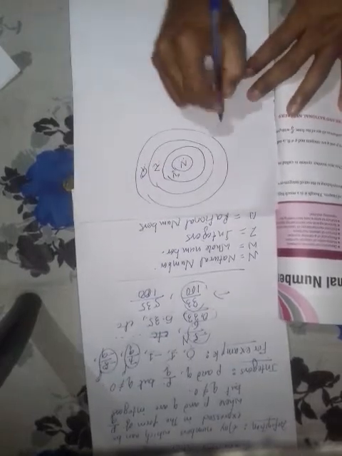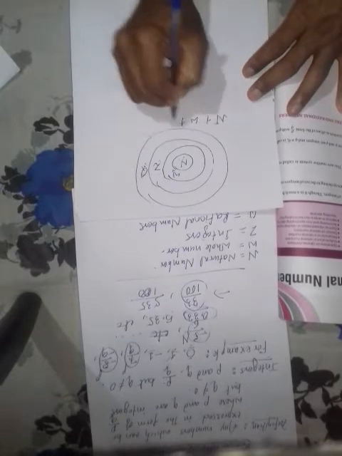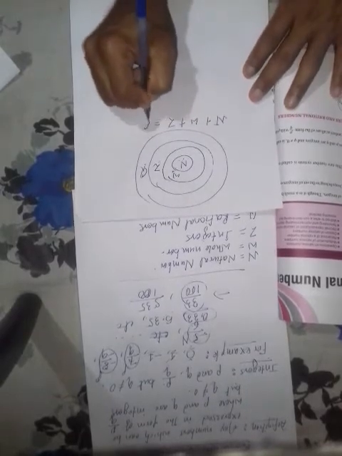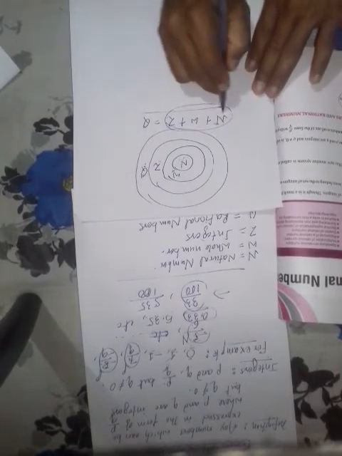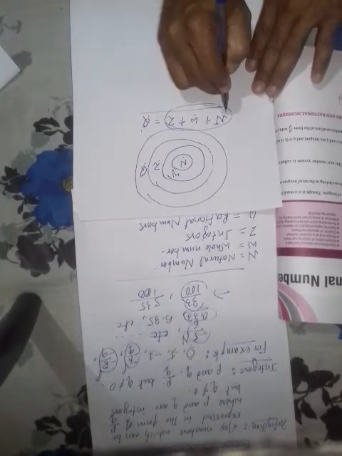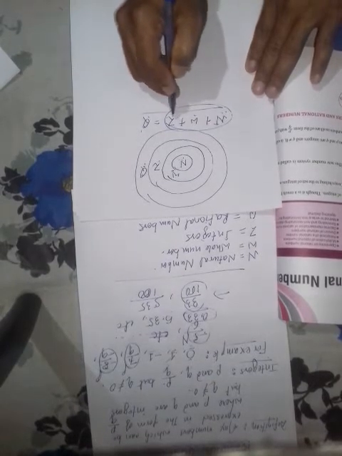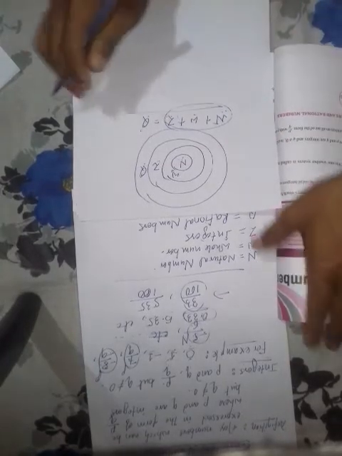So natural numbers plus whole numbers plus the set of integers are all rational numbers, but all the rational numbers cannot be natural, whole or integers. So I think it is clear to you.